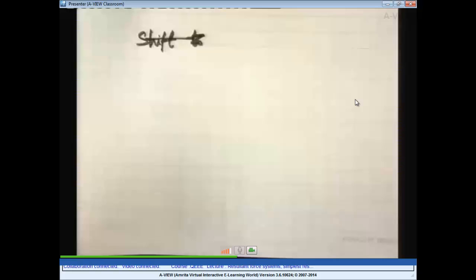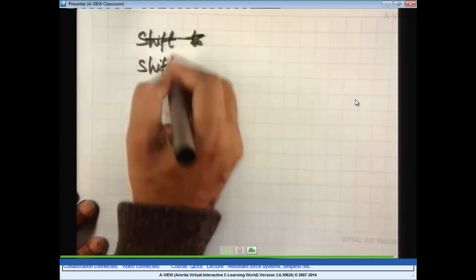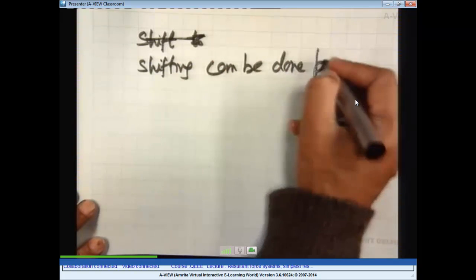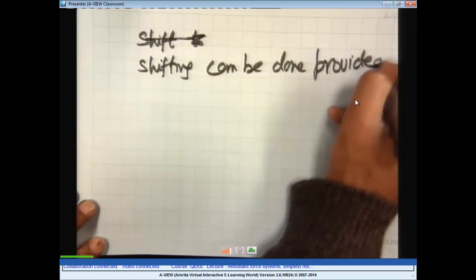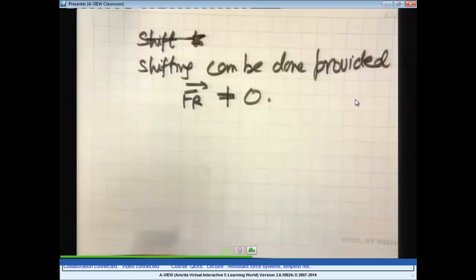So this will happen, but this shifting can be done provided the resultant force is not equal to 0.